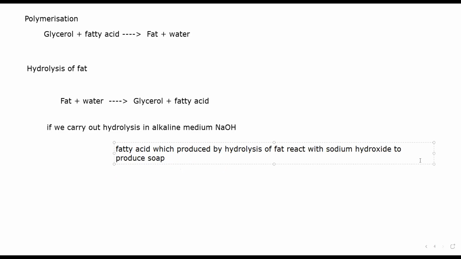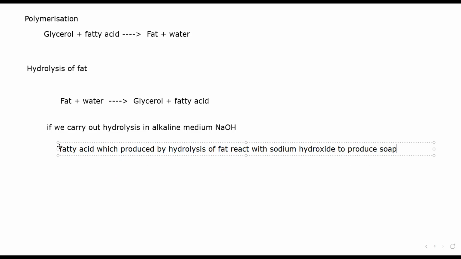So manufacturing of the soap which we are using, that is manufactured by hydrolysis of the fat. They are using different types of fats. Animal fat can also be used for this production of the soap. Different types of fats can be used for the production of the soap.